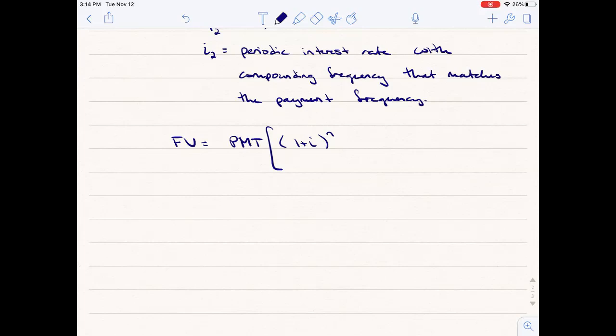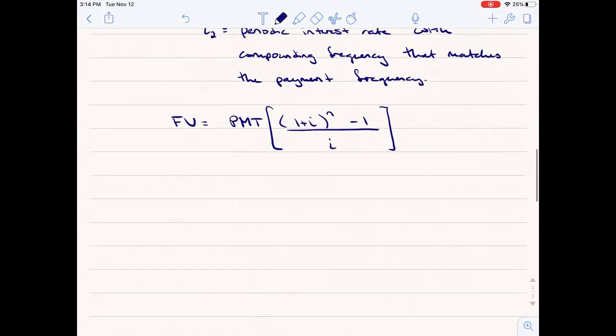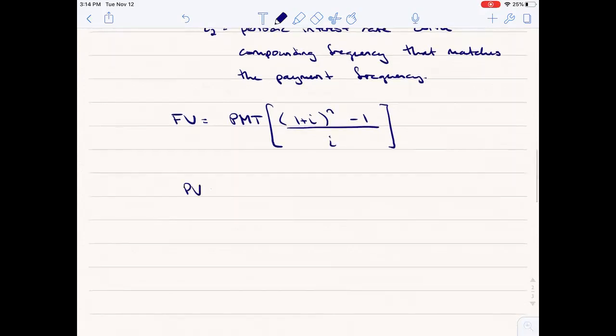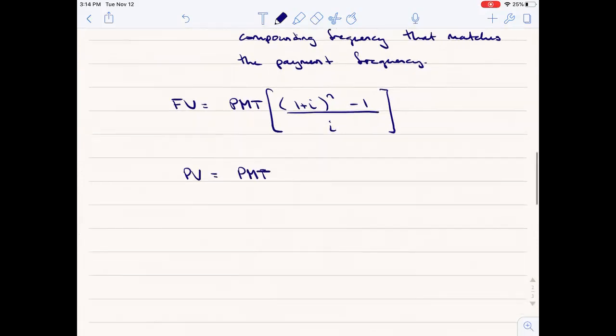So 1 plus I to the power of n minus 1 over I. See, no present value in there. That's okay, because our present value looks about the same. We've got the PMT, which is the payment amount, all times 1 minus 1 plus I to the negative n over I.